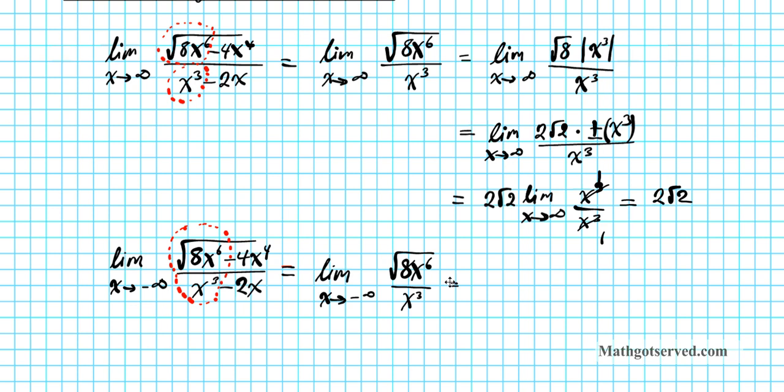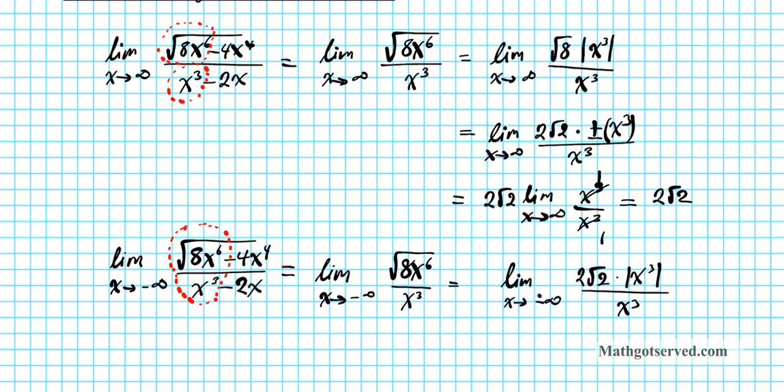All right, so when we simplify it out, the same procedure, we're going to have the limit as x approaches negative infinity. Now the square root of 8 is 2 root 2 times the square root of x to the 6, which is going to be the absolute value of x to the third, over x to the third.